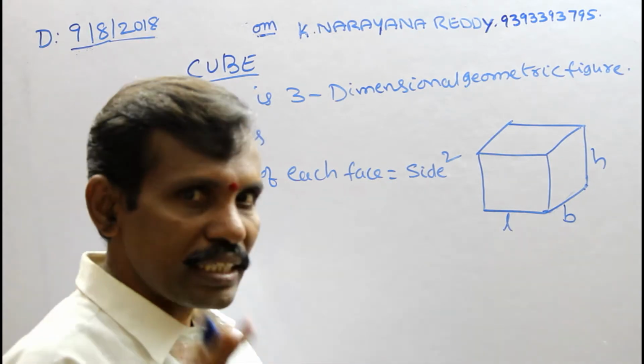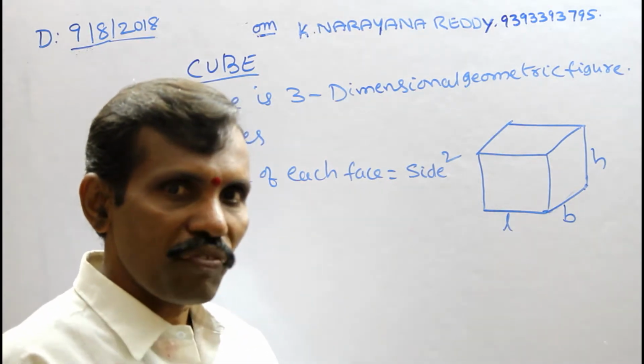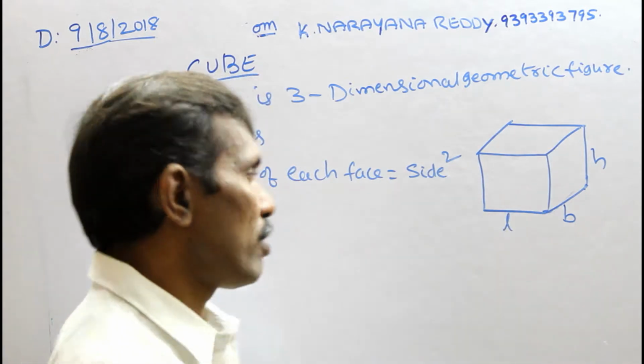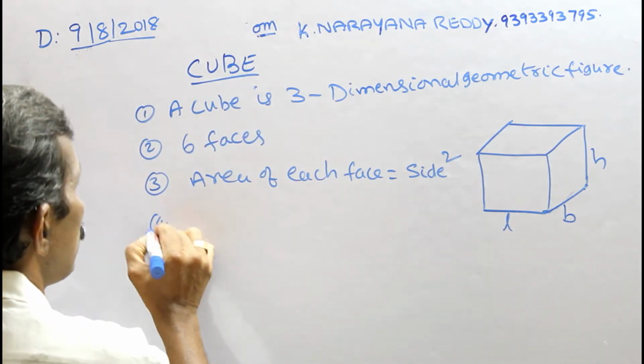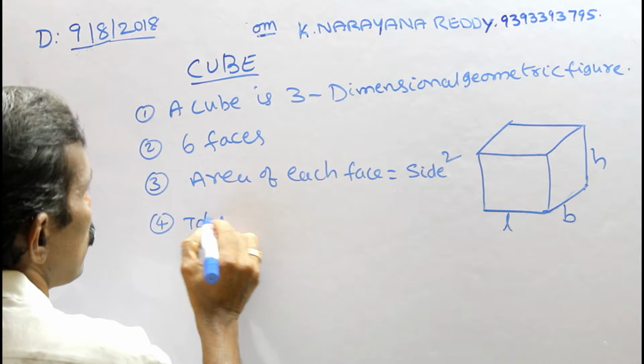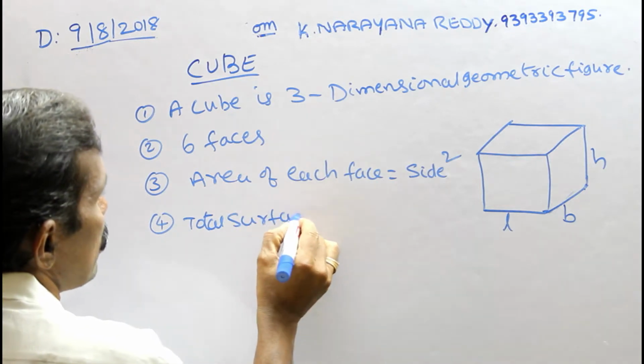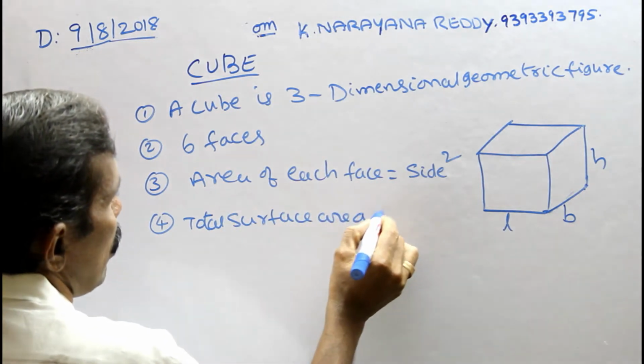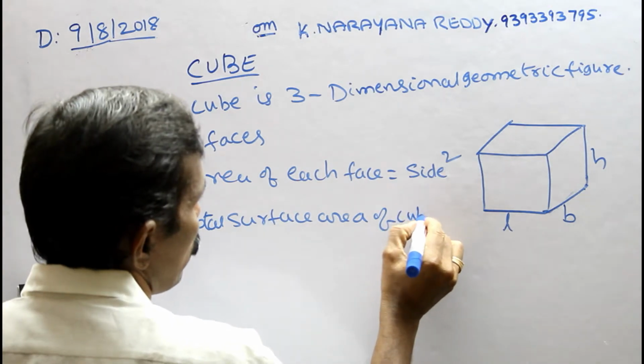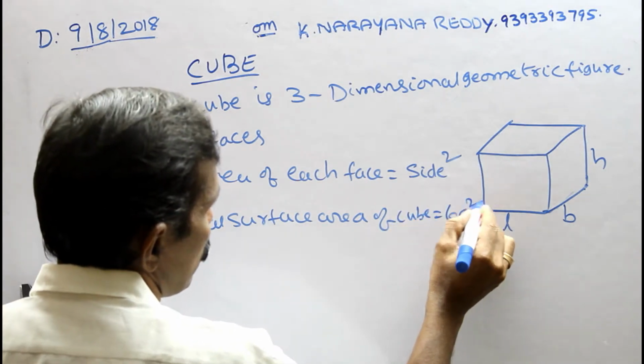So there are a total of 6 faces. Total surface area is nothing but 6a square. Total surface area of a cube is equal to 6a square.